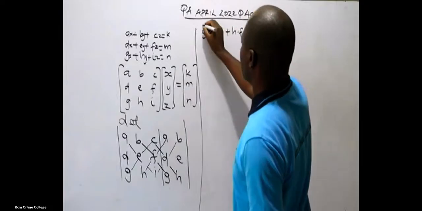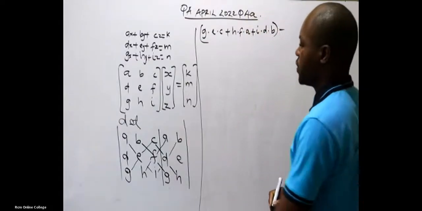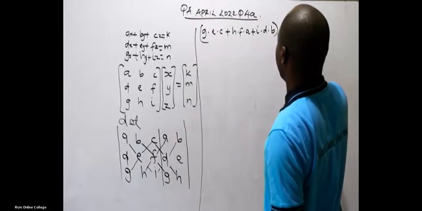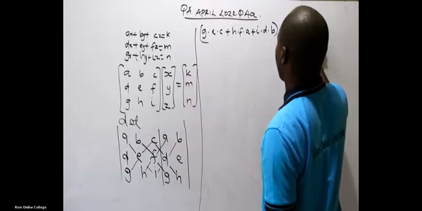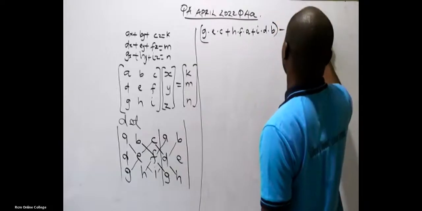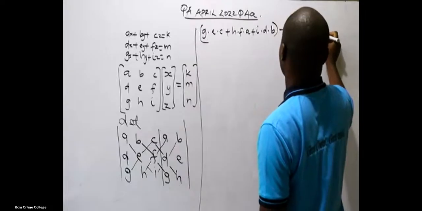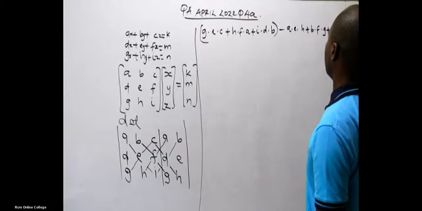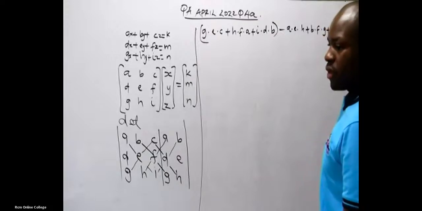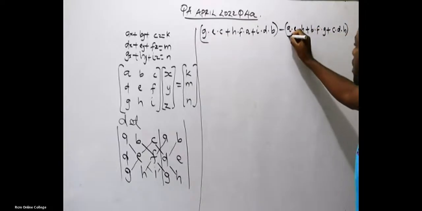The result of all of this, we subtract the result of that other side: A times E times H, plus B times F times G, plus C times D times H. That is what we have as our determinant.